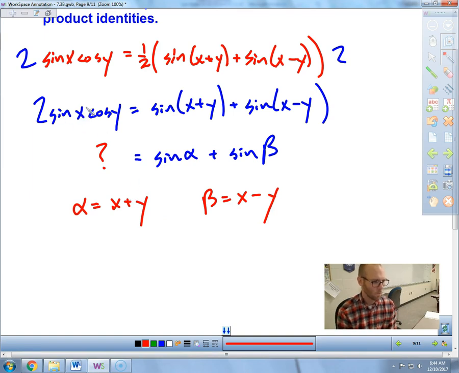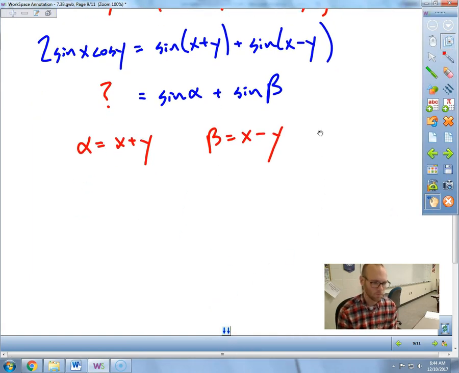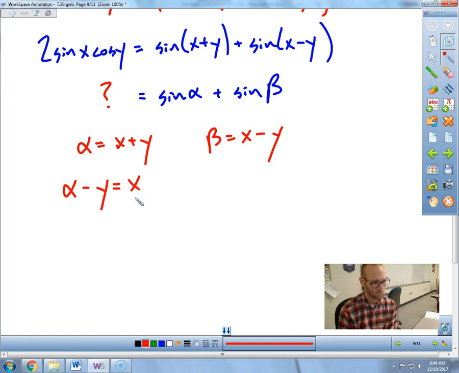So, can I solve this for x and figure out what x is in terms of alpha and beta, and what is y in terms of alpha and beta? All right, well, I'm going to have to do some solving here. Would you agree that alpha minus y is equal to x? Now, that's not enough because this still has a y in it.